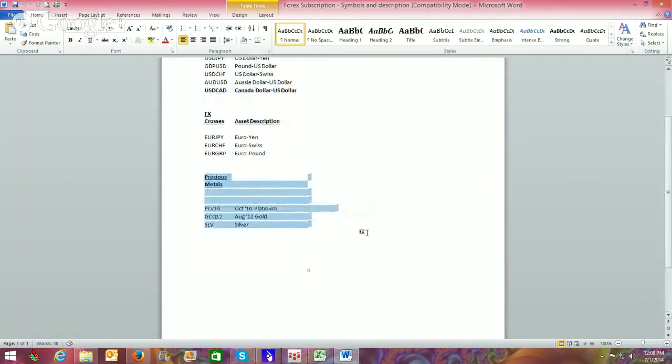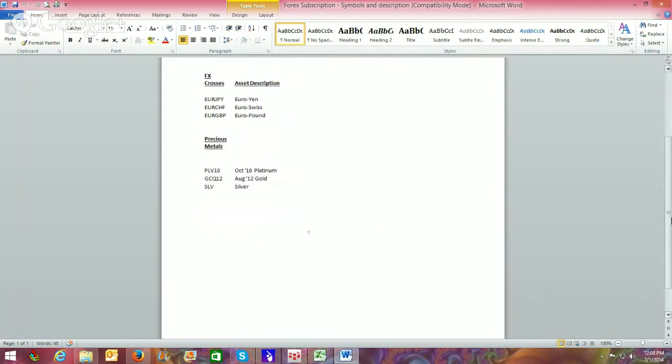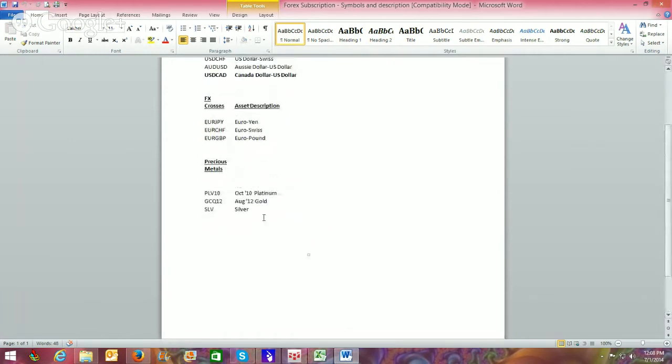The only other thing about this document is that we are going to include precious metals. So the metals that we're going to include are the ones that are commonly traded, which is gold, commonly traded by FX traders. So we've included it in an FX subscription. And then silver we're going to include through the ETF SLV, and then platinum.